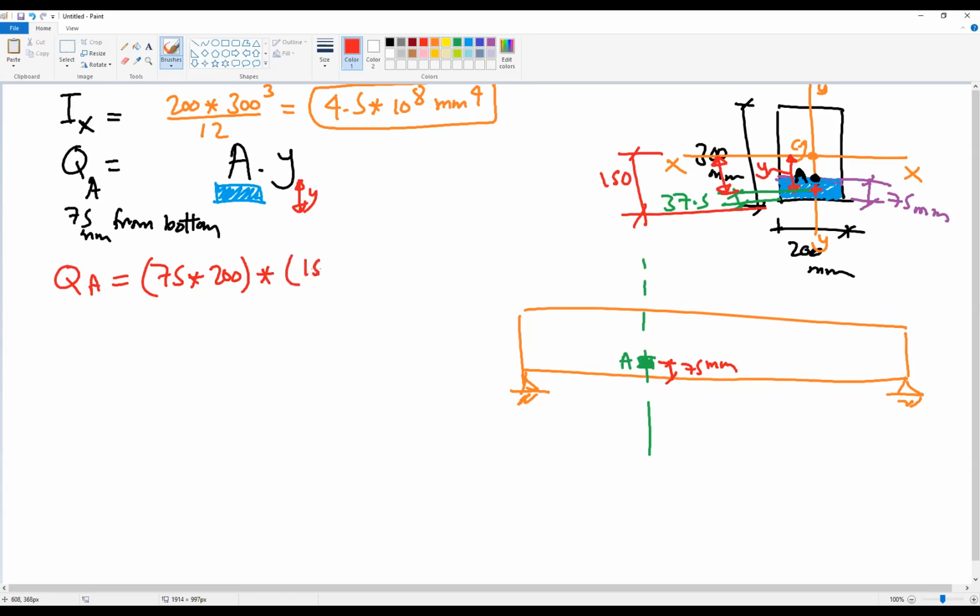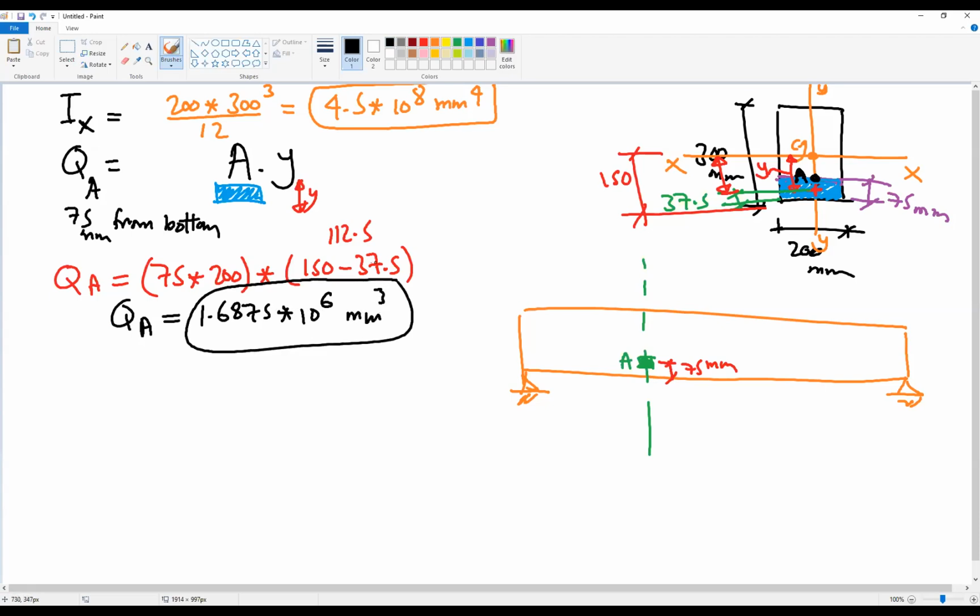So 150 is our y, minus 37.5, which is 112.5. So this gives us that Q at A will be 1.6875 multiplied by 10 to the power 6 millimeter to the power 3. This is Q. So now we know our missing parameters I and Q.